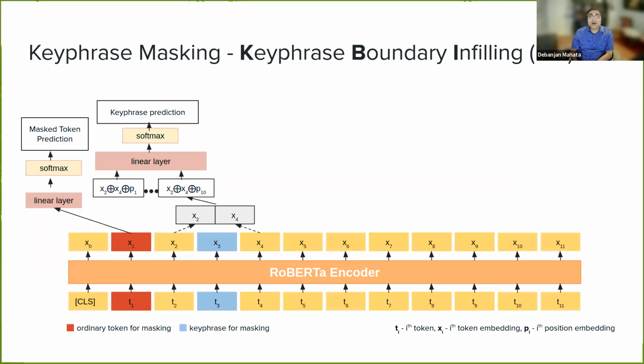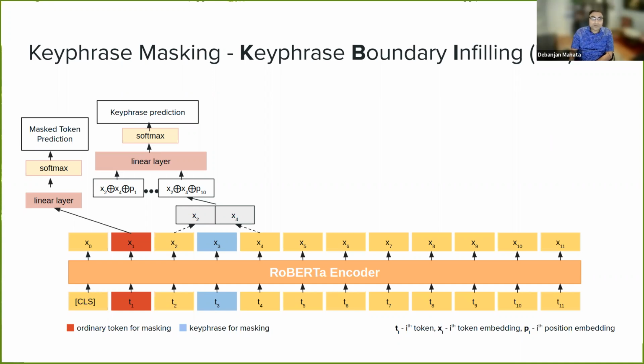Then, how do we learn a representation of these key phrases? Here we introduce the key phrase boundary infilling task. The idea is that you mask these key phrases, and then you have to identify them. There are several ways to do so.